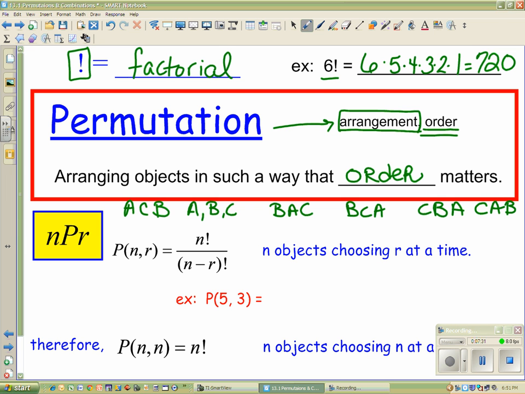And the way to calculate permutations is this little formula, which I think you have jotted down. And it has that factorial symbol. So n factorial over n minus r factorial. N stands for the total objects, so n equals total number of items.